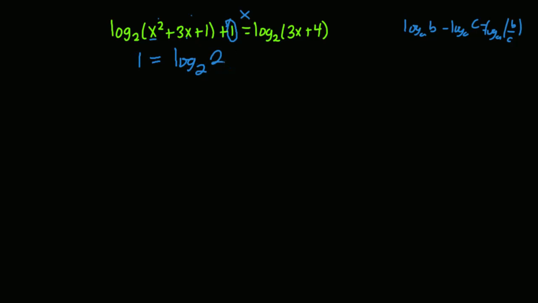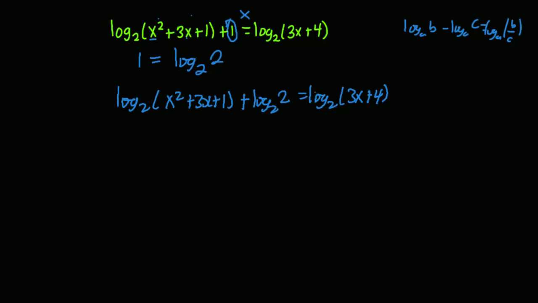So in this case, the person can write it as log 2 of x squared plus 3x plus 1 plus log 2 of 2 is equal to log 2 of 3x plus 4. Then you can use the property of logarithm to combine these two.